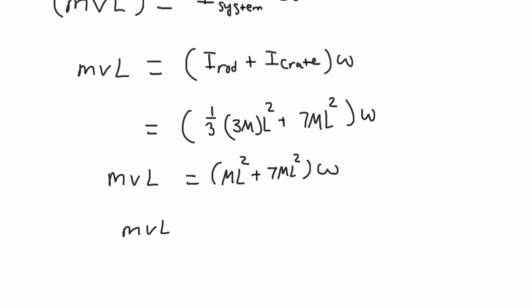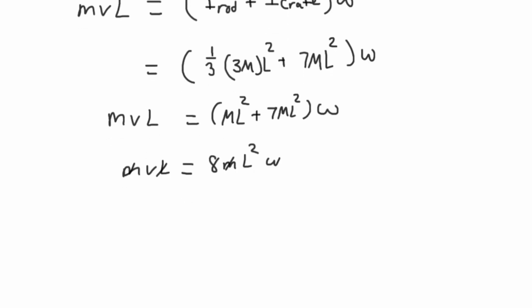So mvL is equal to 8 mL squared omega. Mass cancels. One of the L's cancels.